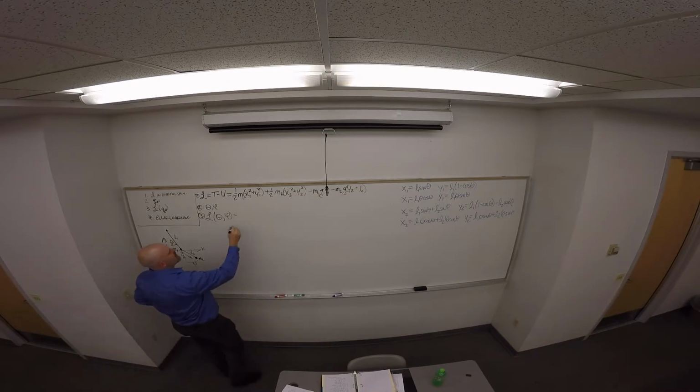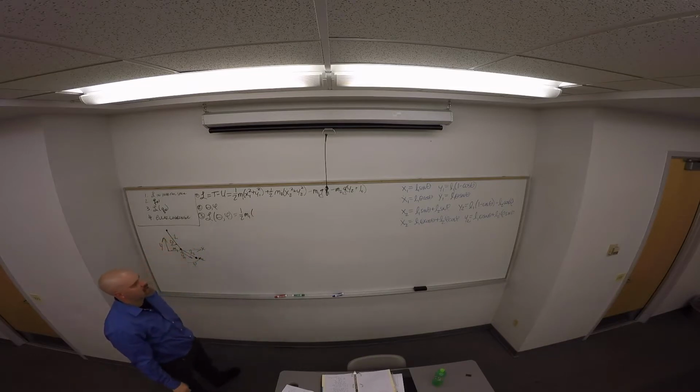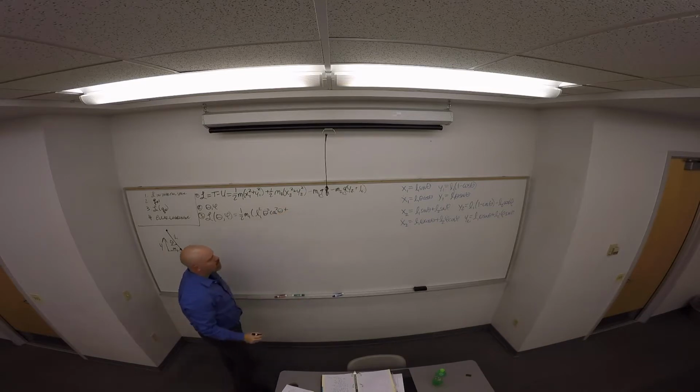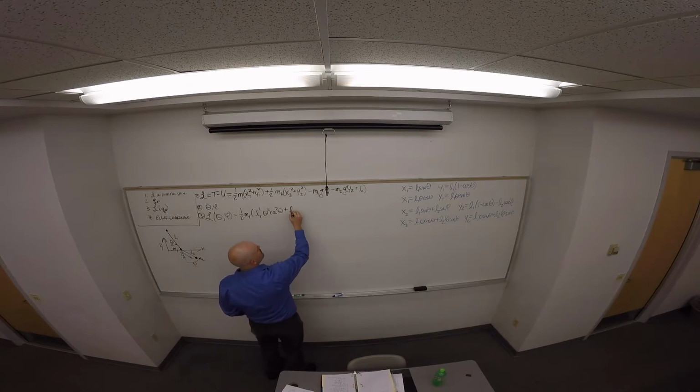Okay, so this is going to be 1/2 m1 x1 dot squared. So that's L1 squared theta dot squared cosine squared theta, plus y1 squared L1.